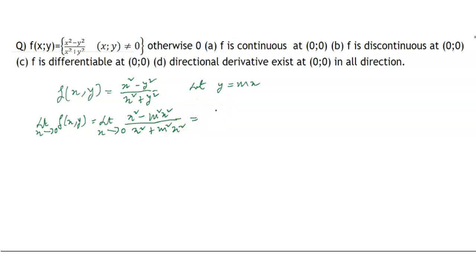So whatever we get, the value is (1 minus m square) divided by (1 plus m square). So friends, the limit is dependent on m.